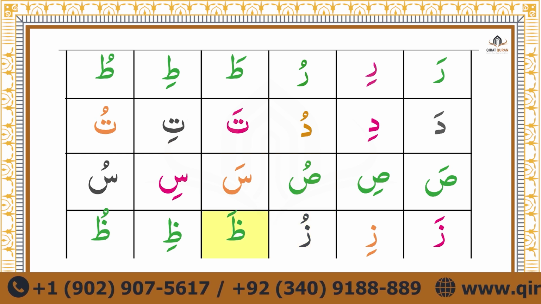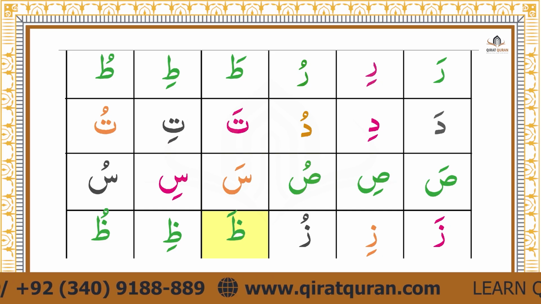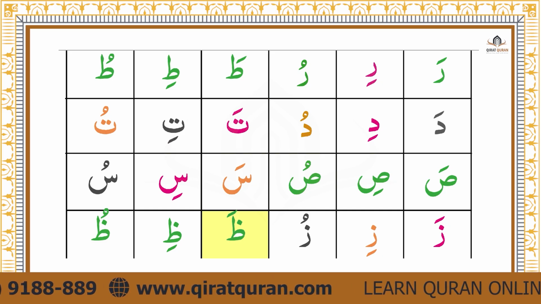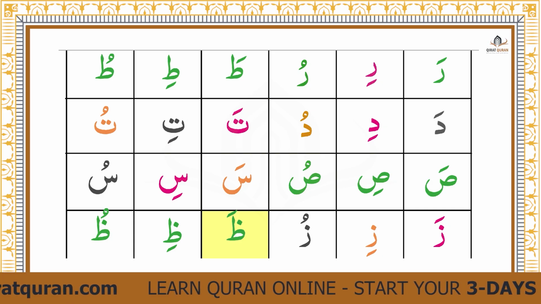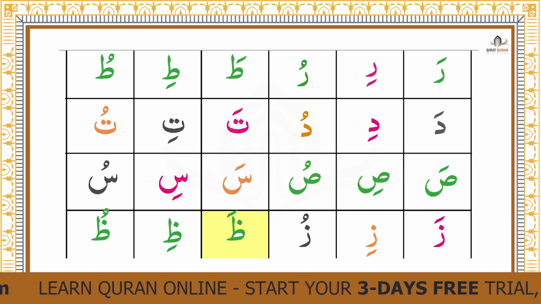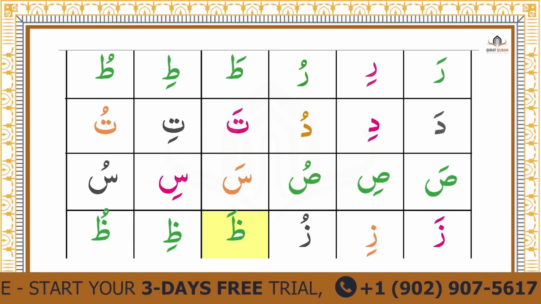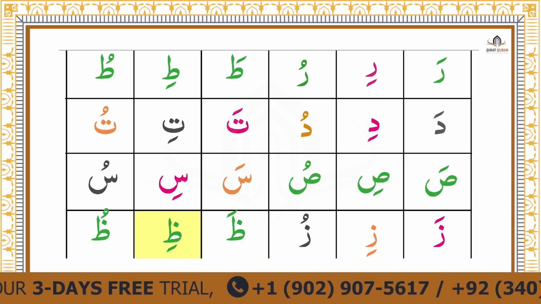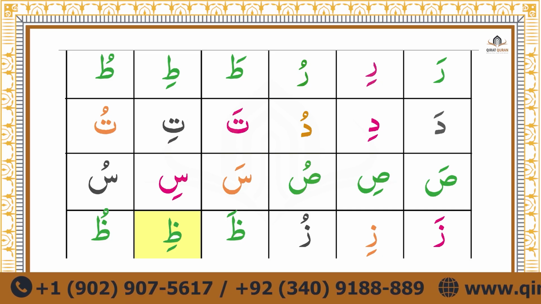The next letter we have here is Dwa. And first up, Dwa has Fatha upon it. Dwa, Fatha, Dwa. Then Dwa has Kasra here.